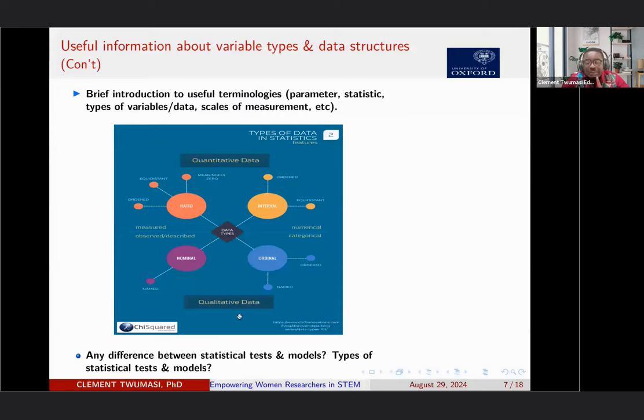But if I ask you your name or your position in class, when you tell me you are first, second, third, fourth, first is not a number. It's actually a nominal variable. So it means it's something that is just a name. Anything which is just a name, it could be levels of education, maybe primary level, secondary level, they are just names.